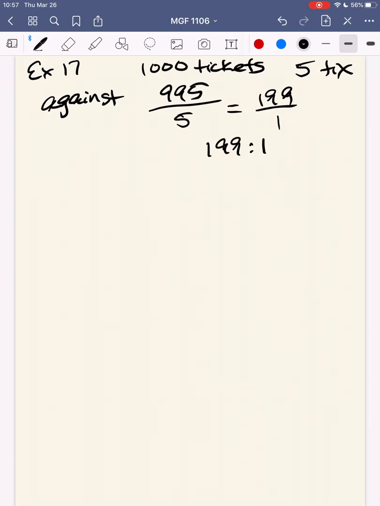The last bit of this is odds to probability.